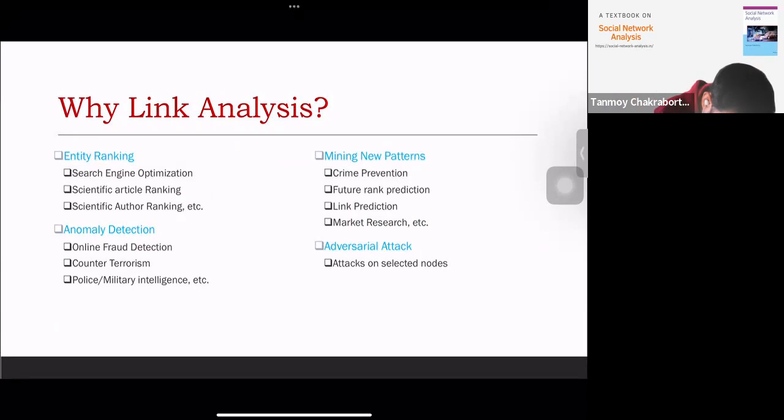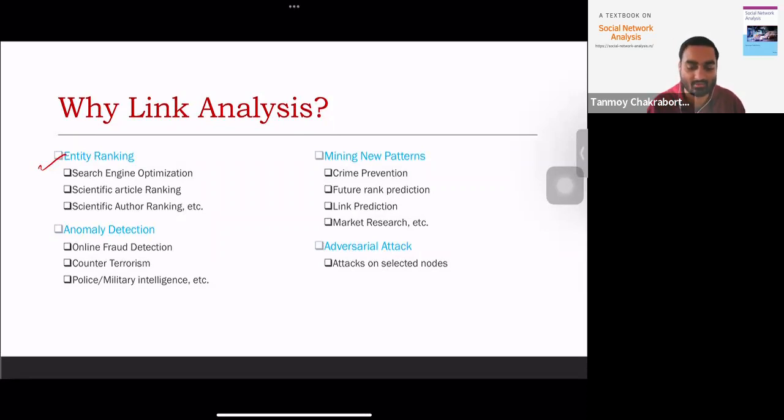Now, why do we care about link analysis? The first and foremost application is entity ranking. Let's assume that in a citation network, you want to measure the importance of each citation. When one paper cites another paper, say paper X cites 10 other papers, it may not be the case that all edges are of equal importance.